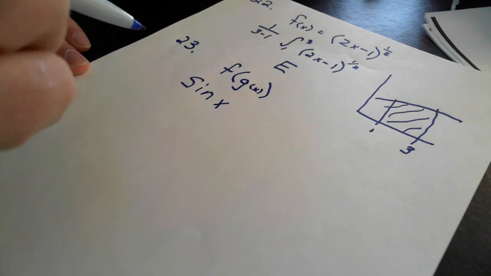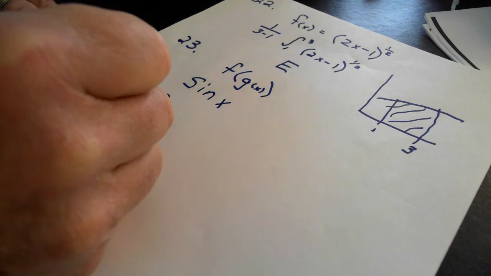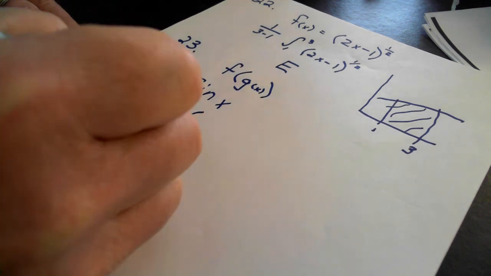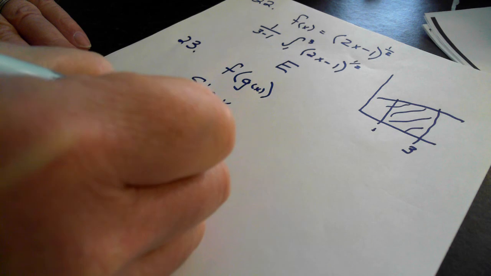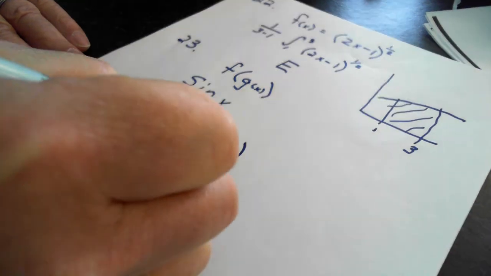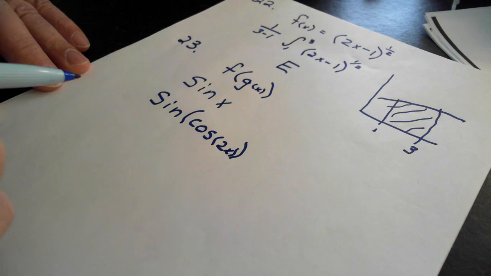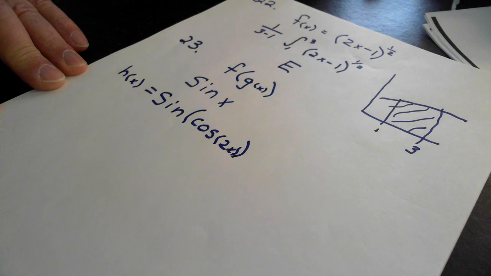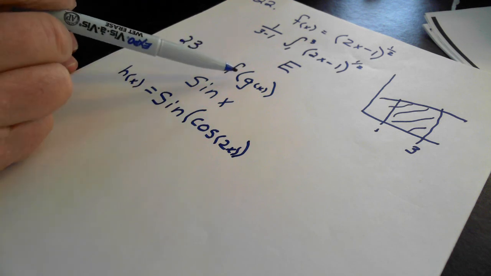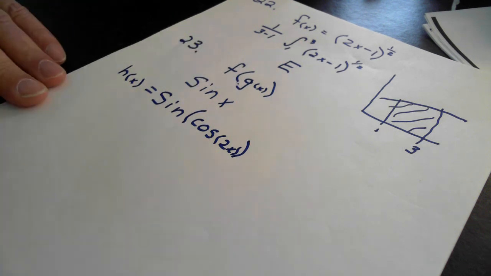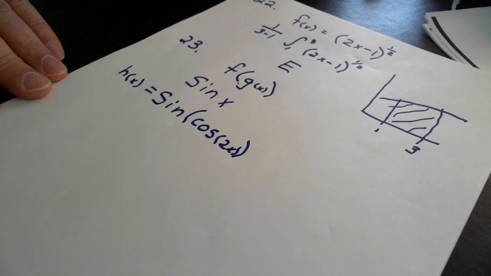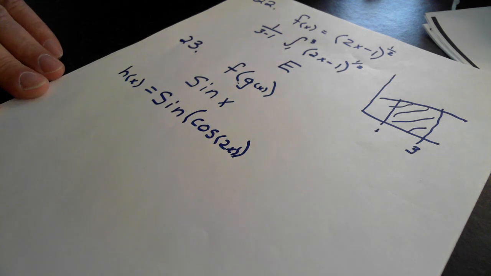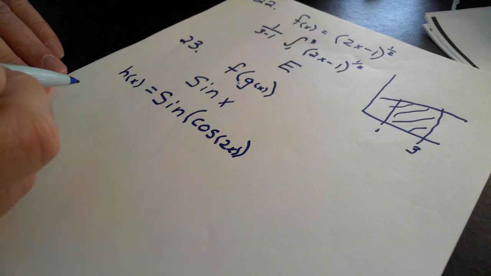Prime of pi fourths. The derivative on this, is that going to be hard or easy?